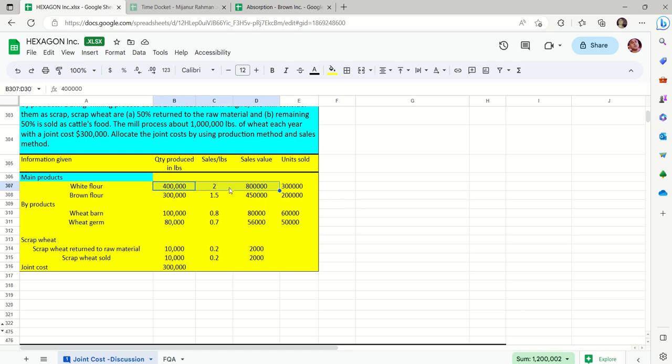Sales value per pound is $2. With respect to brown flour, the company produces 300,000 pounds, and the sales value of 300,000 pounds is 450,000, and the units sold is in this column.